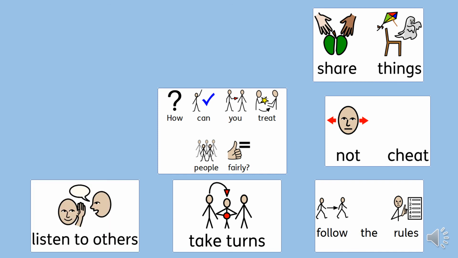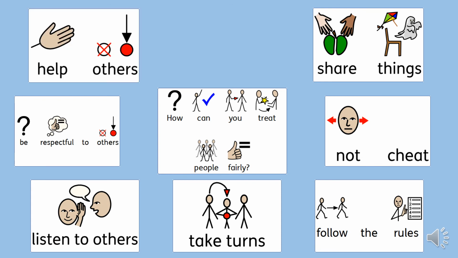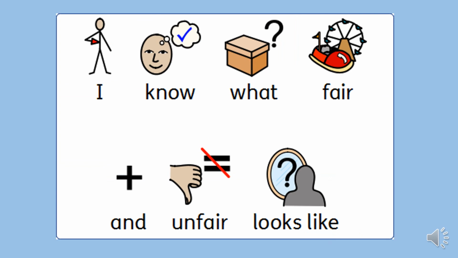And listen to others. Be respectful to others. Help others. Sometimes, as we said, people need more help with something. And be honest. So this week, show that you know what fair and unfair looks like.